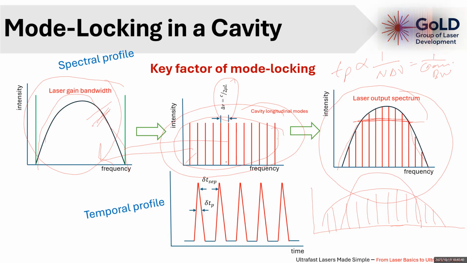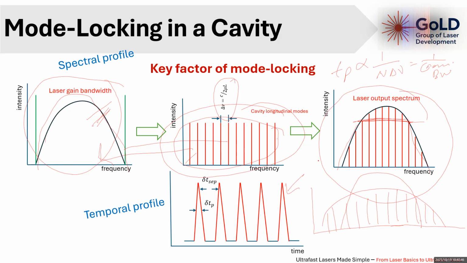Okay. And this one is the temporal picture. I'm showing this in the time domain. What is the meaning of delta TP? And what is the meaning of the separation between the pulses? These are the mode locked pulses at the output of the cavity in the time domain.